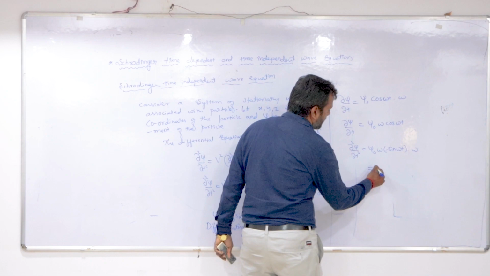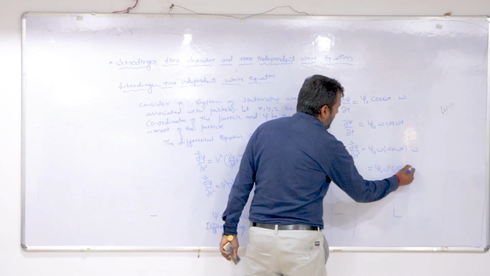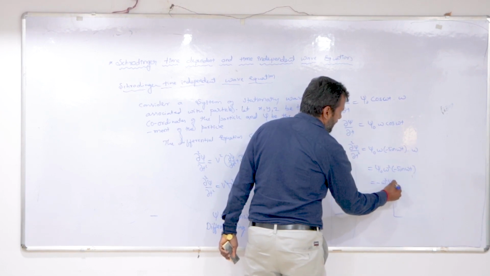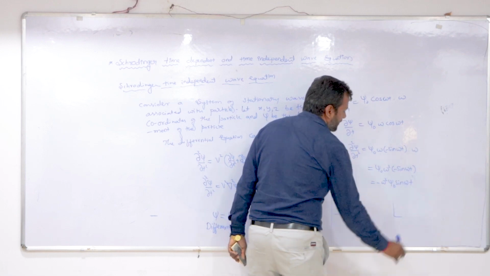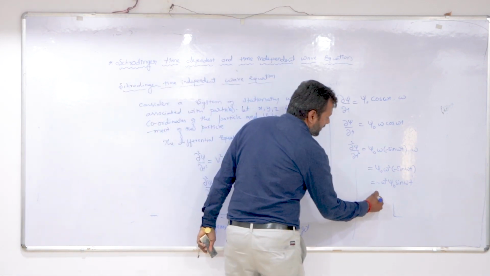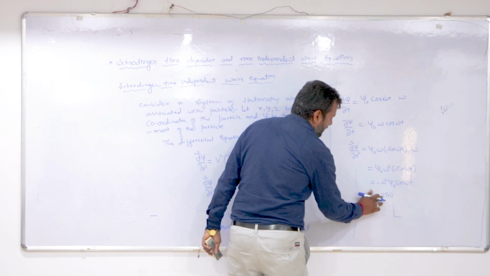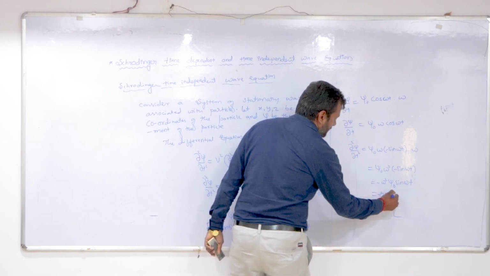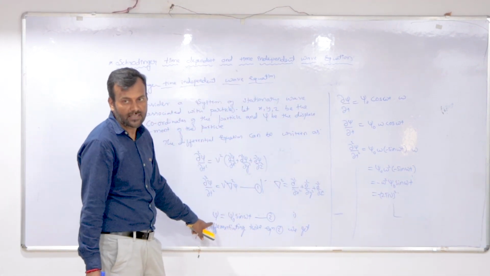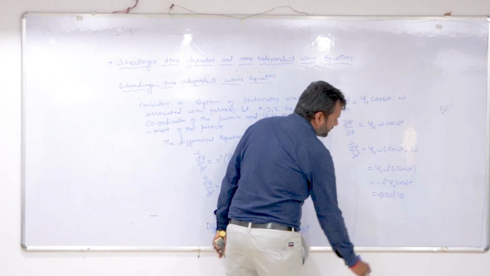So what we can write? Psi naught omega square minus sin omega t, which is equal to minus omega square psi naught sin omega t, right? For omega we can write 2 pi nu, and psi naught sin omega t can be replaced with psi.